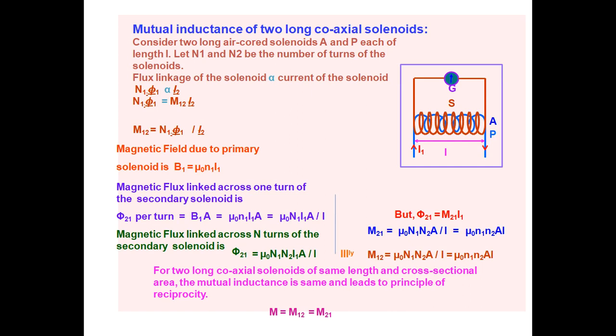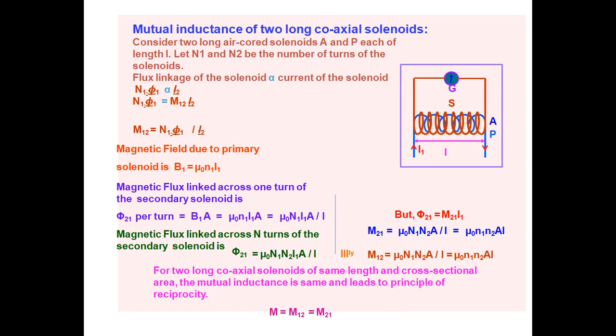Here I repeat. The two solenoids are coaxial solenoids having the same length L, and current is flowing in both solenoids. I1 is the current of the first solenoid, I2 is the current of the second solenoid, N1 is the number of turns of the first solenoid, N2 is the number of turns of the second solenoid.